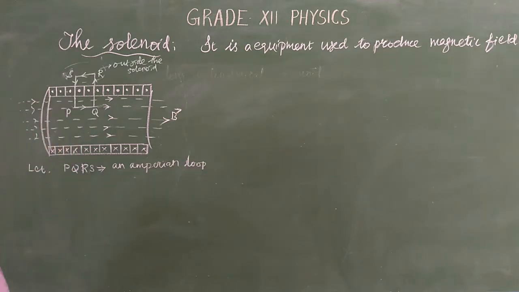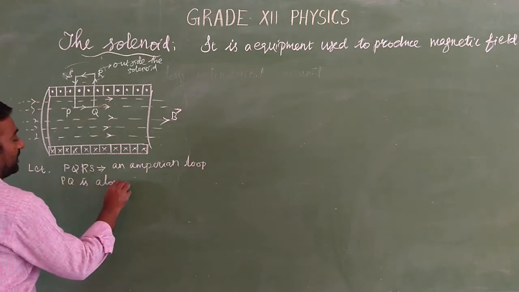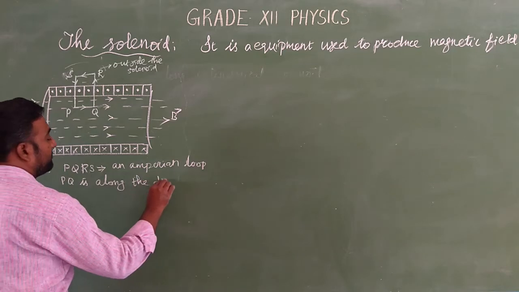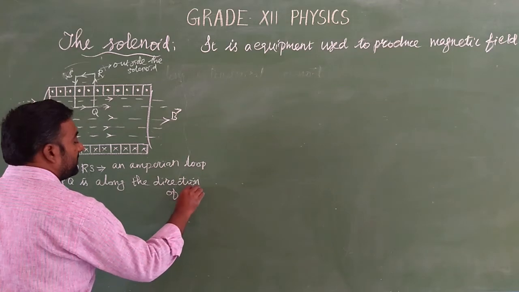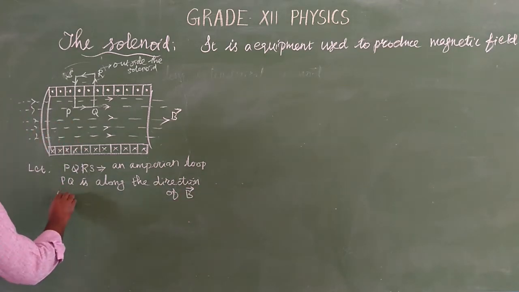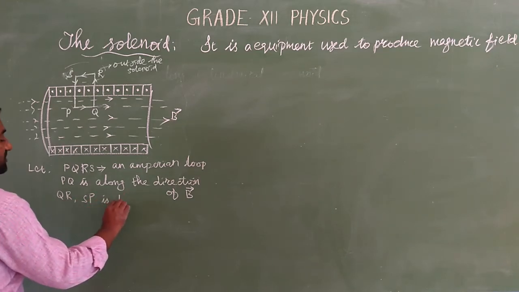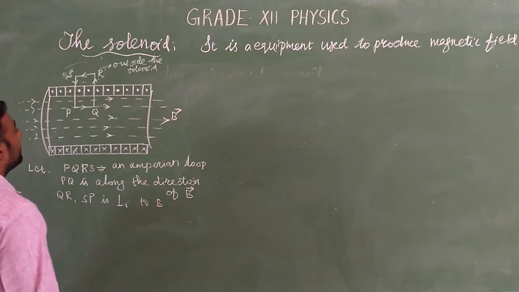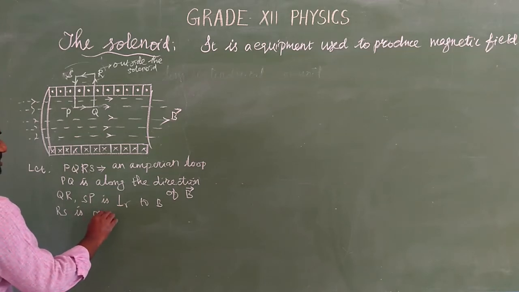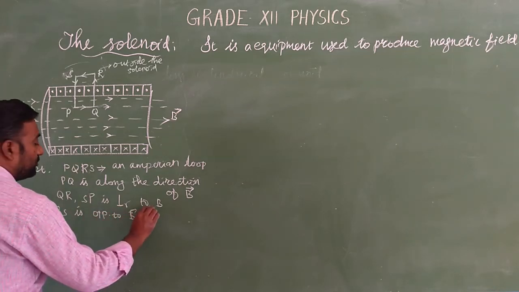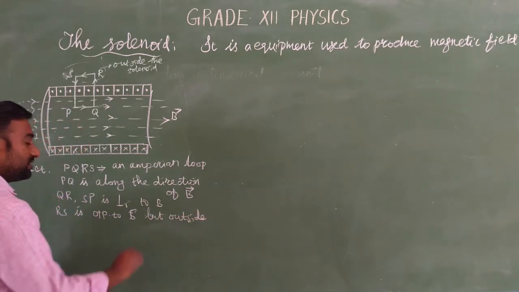Amperian loop. Okay. In this Amperian loop, PQ is along the direction of the magnetic field, and QR and SP are perpendicular to the magnetic field, and RS is opposite to B but outside the solenoid.